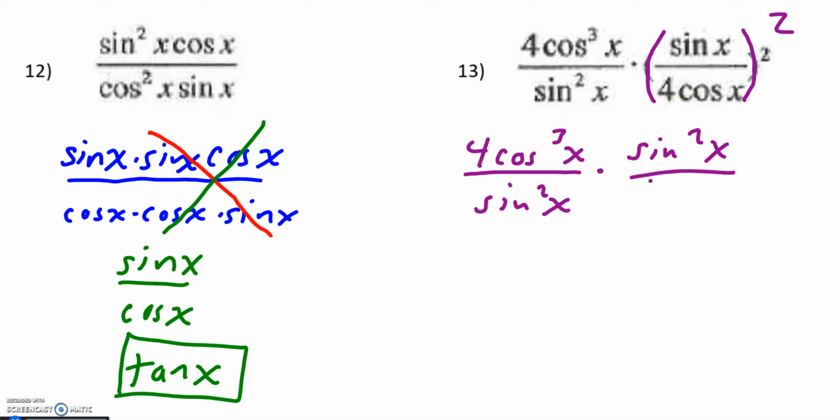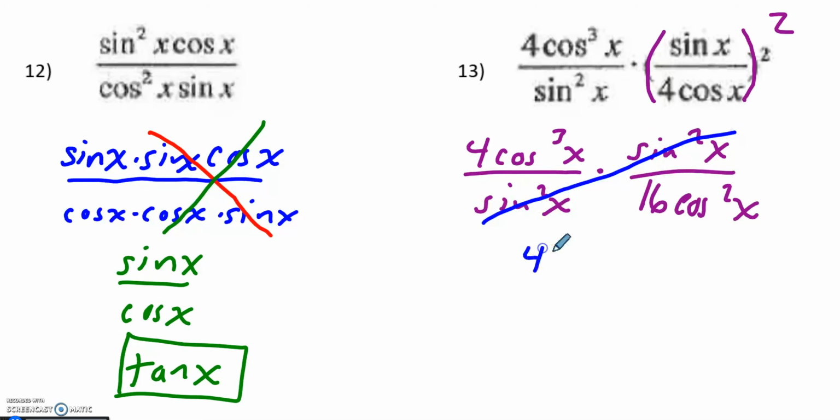So 4 squared is 16, and cosine x squared is cosine squared x. So before I write anything out the long way like I did over here, I notice that I have a sine squared x on top and bottom exactly. So these cross out as is.